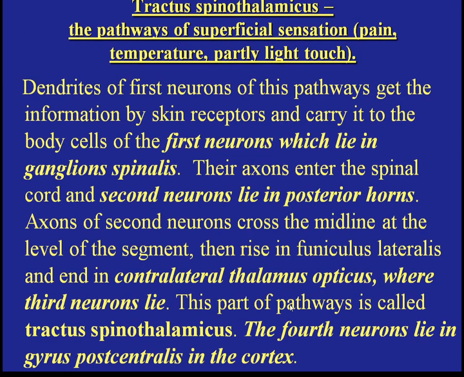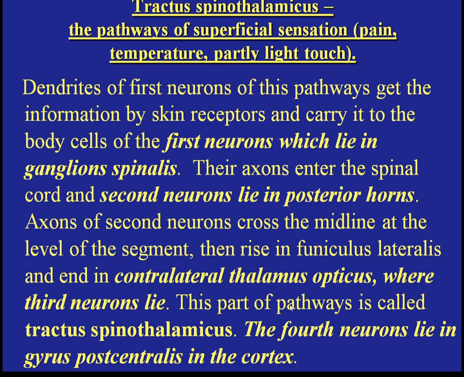Some words about the second anatomical part of reflex, about pathways. So, we said we have two modalities of sensation, superficial sensation and deep sensation. So we have two modalities of anatomical pathways.